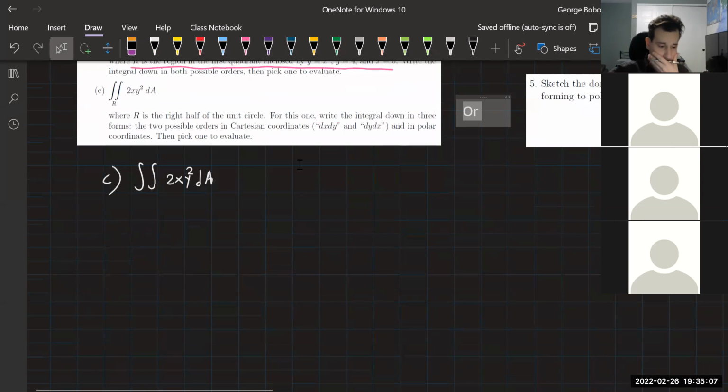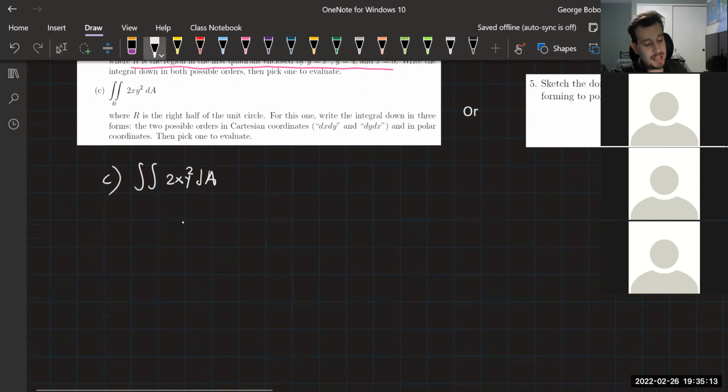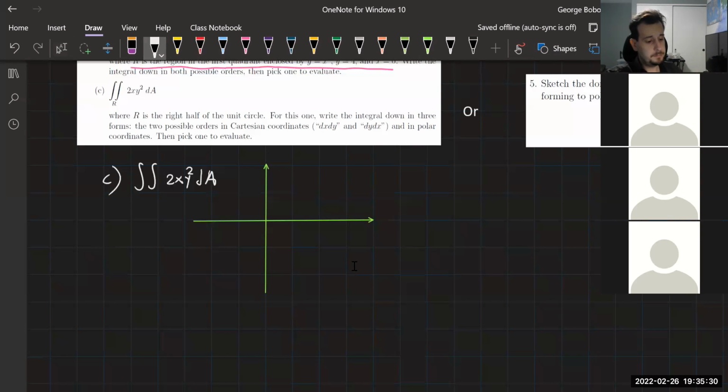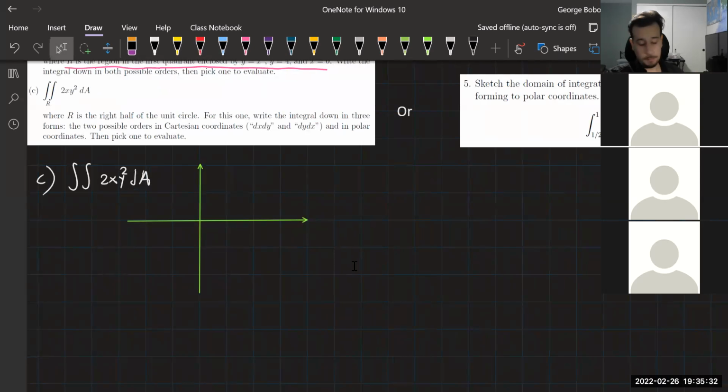This is what we're going to do next. So, okay, we have this. Right now, if I was to understand the integrand, again, that's my goal. What is the integrand looking like? It says the right half of a unit circle. What's the equation of a unit circle, Grace? X squared plus y squared equals 1.